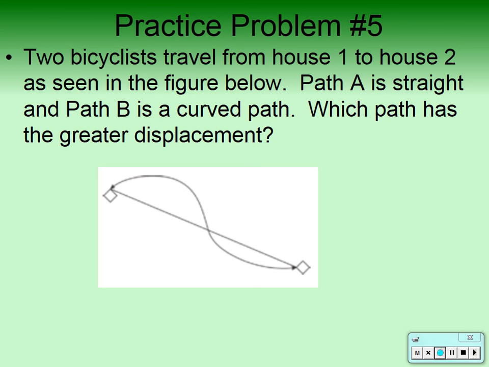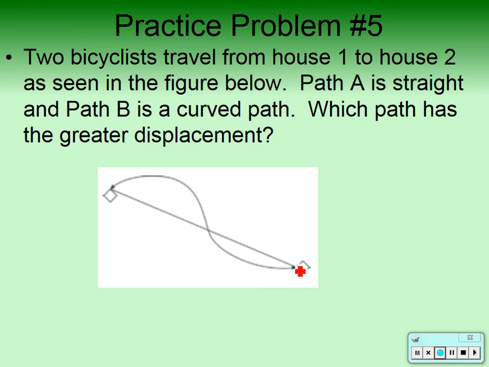It says that 2 bicyclists travel from house 1 to house 2 as seen in the figure below. Path A is a straight path and path B is a curved path. Which path has greater displacement? Justin, which one has greater displacement? B? So the curved path? So you're saying this curved path has greater displacement?